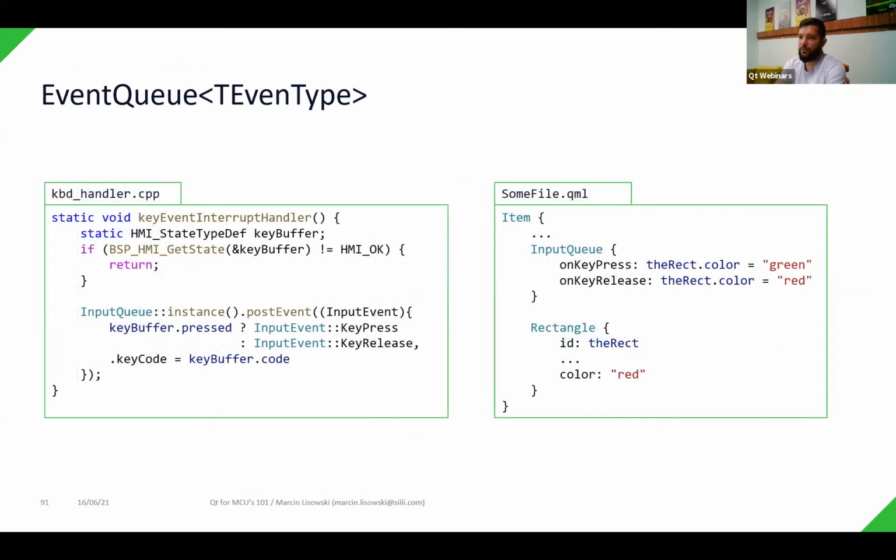This is how we are posting events. We are just calling the post event function from the event queue, and we are passing the message initialized before.